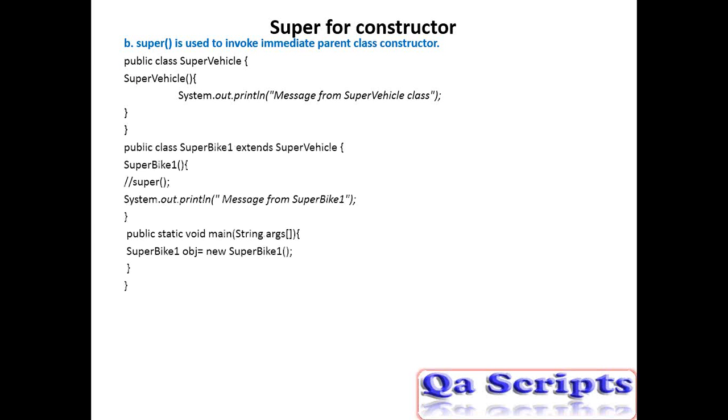After that I will create one more class called superbike 1, and I will use extends to super vehicle. Inside superbike 1 I have a constructor, superbike 1. Inside the constructor I have a system.out.println to print a message called message from superbike 1.